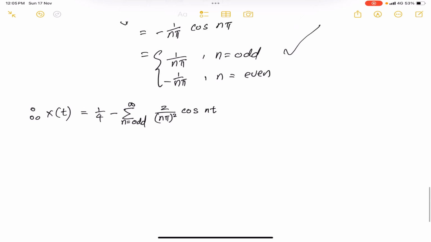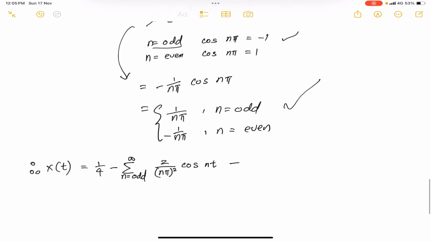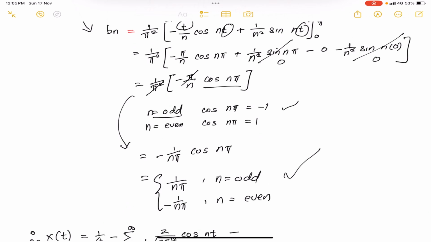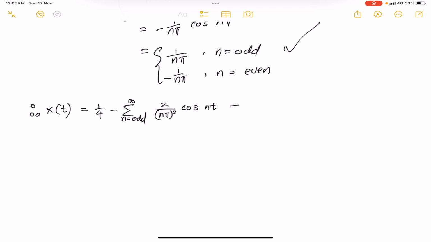And then for the bn, it's negative. In this case, we also can change this one. Instead of writing in this way, you also can write another way. This one you can change to -1 power of n over n pi, multiplied with sine nt. So this sine nt is from the formula.